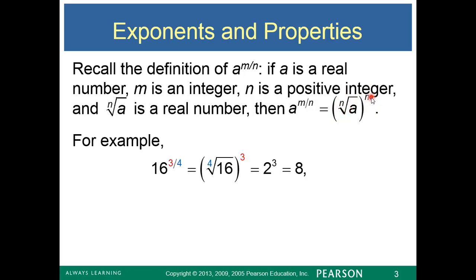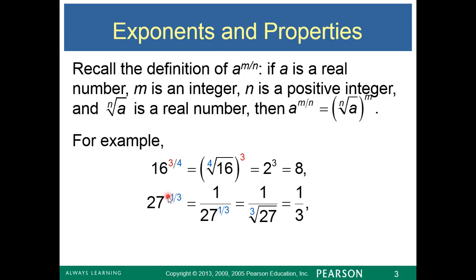So for example, we can look at 16 to the 3/4, and we can rewrite this as the fourth root of 16 raised to the third power. The fourth root of 16 is 2, and then 2 to the third is 8, and so we can solve these.